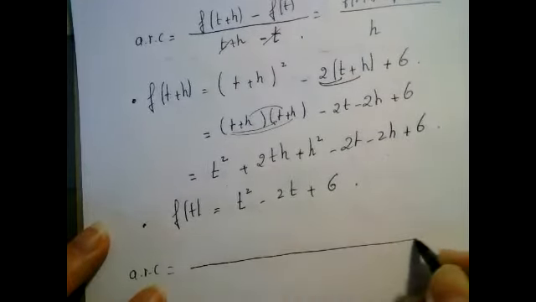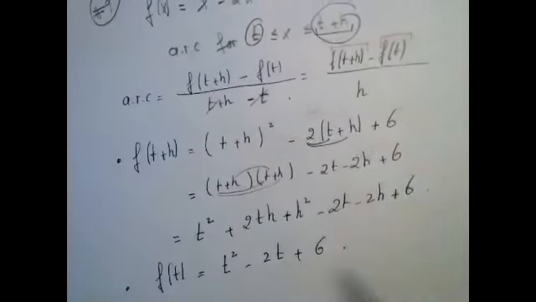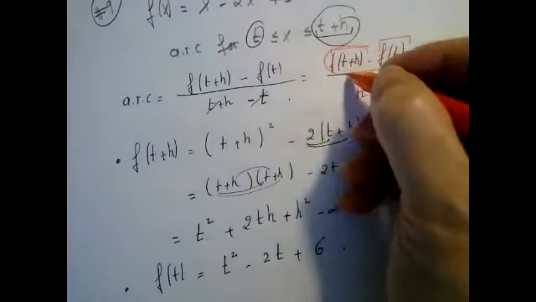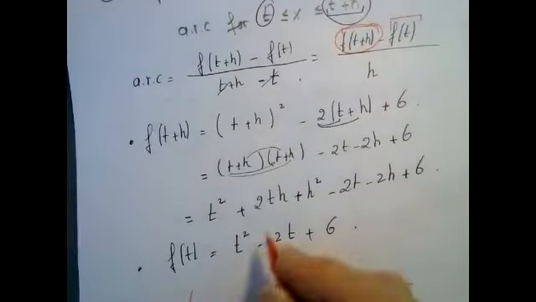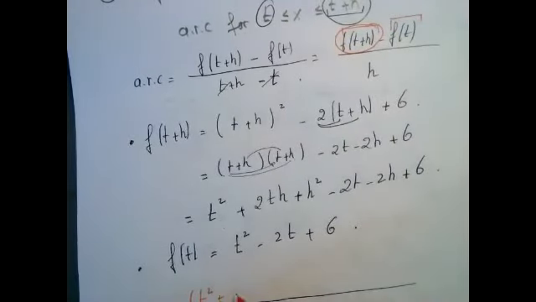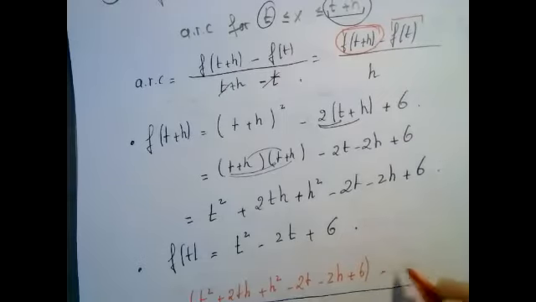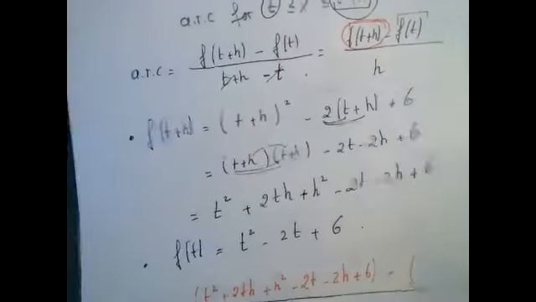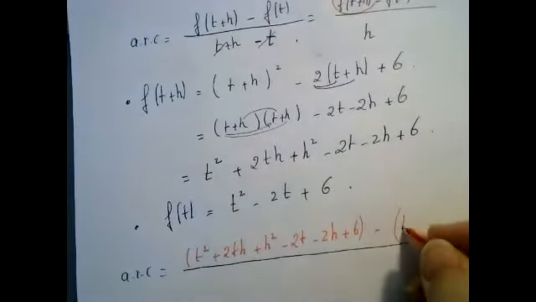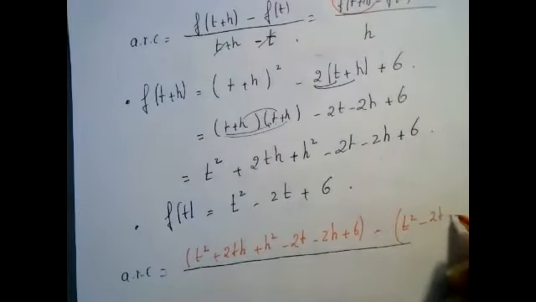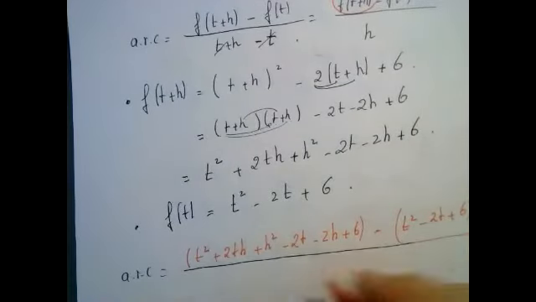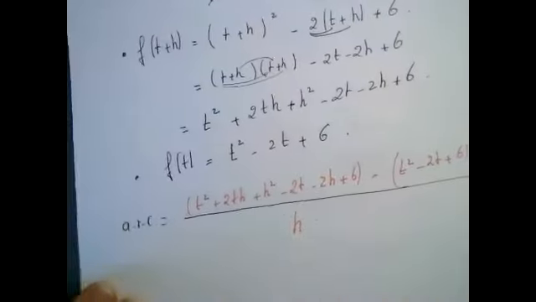Now that I found the pieces, I go back and substitute. So I need f of t plus h, which is t squared plus 2th plus h squared minus 2t plus 6, minus f of t, which is t squared minus 2t plus 6. The whole thing divided by h.